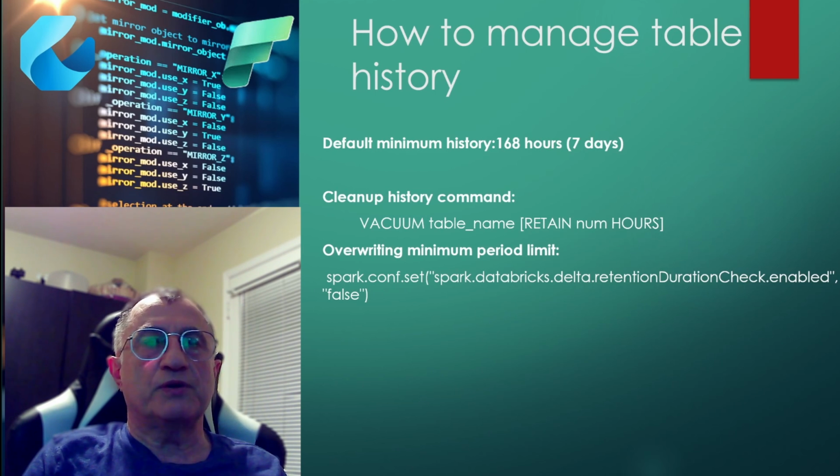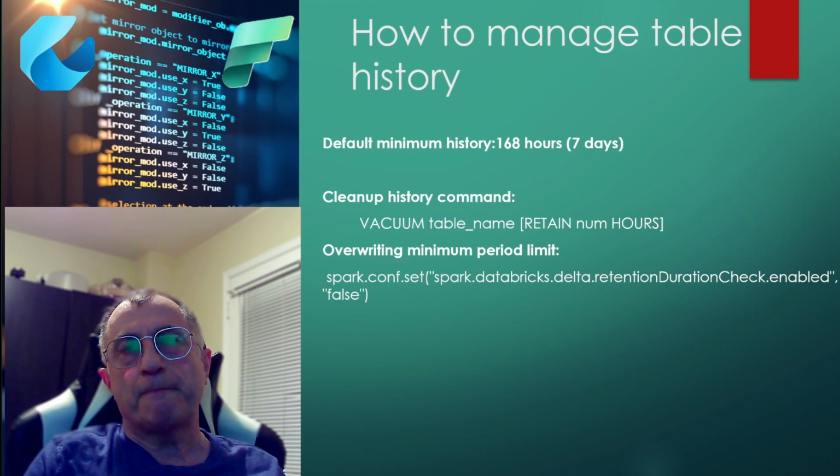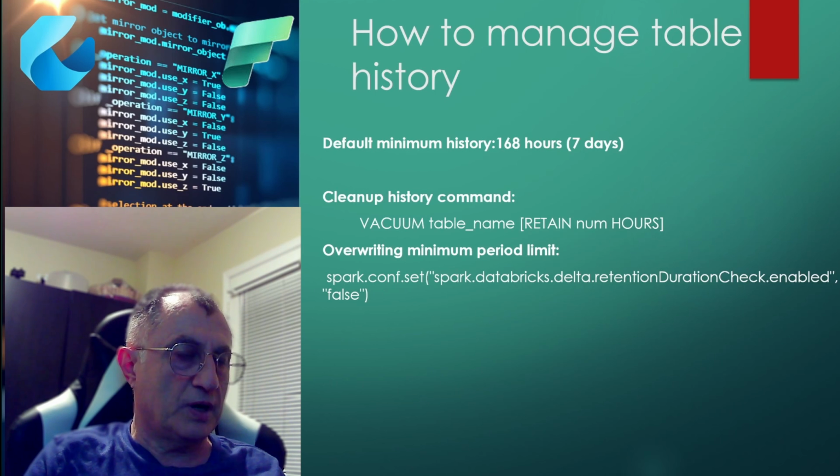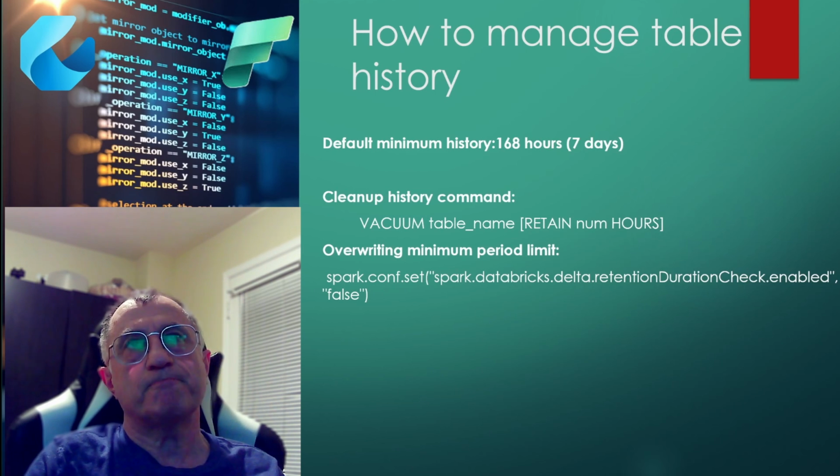To give you an example, if you try to clean up very recent history, some of your transactions may fail, or you may have some data issues. So you can view it as an insurance mechanism. However, you can override this setting, and I have provided the command here, and I will show how you can do that in the demo section.